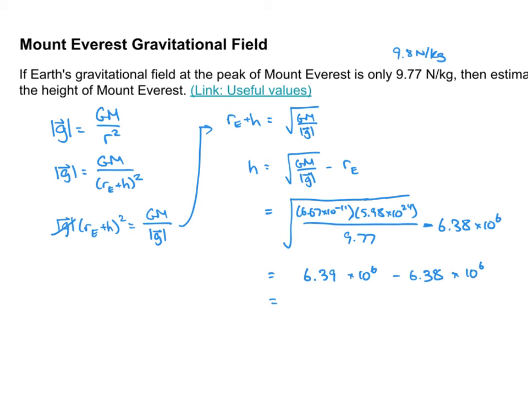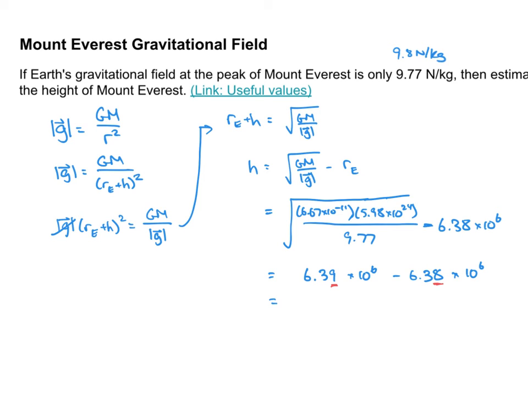Okay, so now when I subtract these, now I have to use the rule for subtraction in terms of significant digits, which is going by decimal places. So my answer is just actually going to be to this decimal place. They both go up to this decimal place times 10 to the 6.